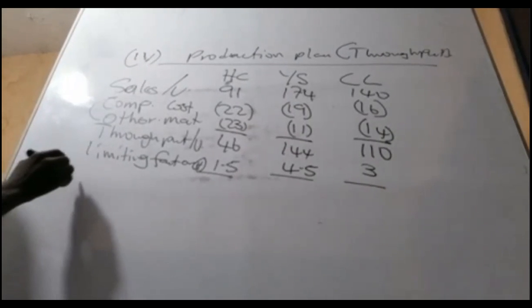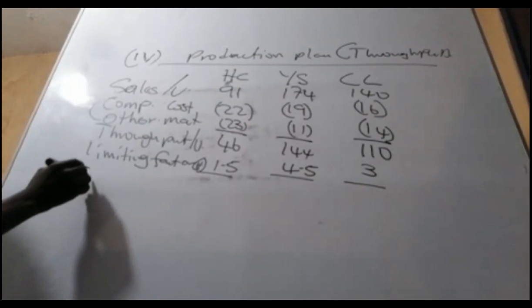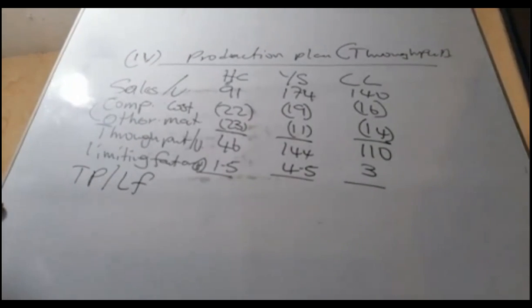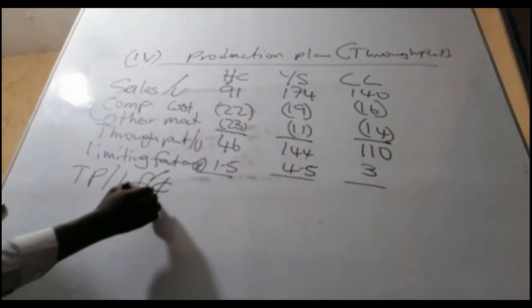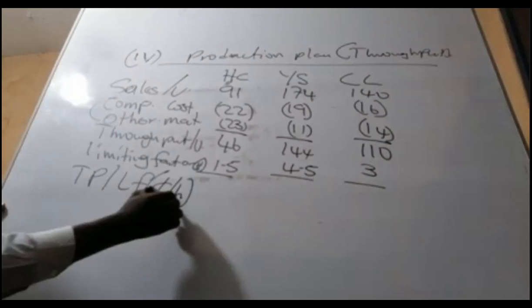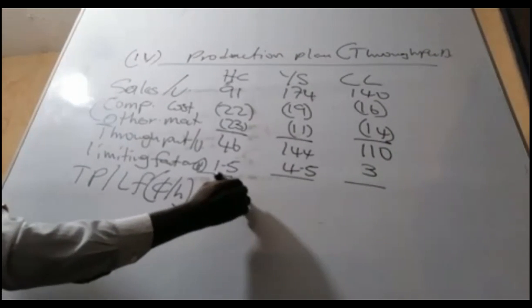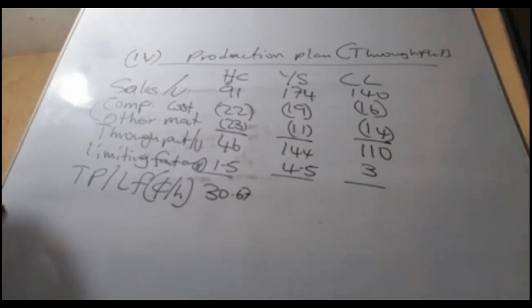Good. So what's the throughput per limiting factor? 40 divided by, in brackets, Ghana cedi per hour, like this: 30.66, 6.7, right?